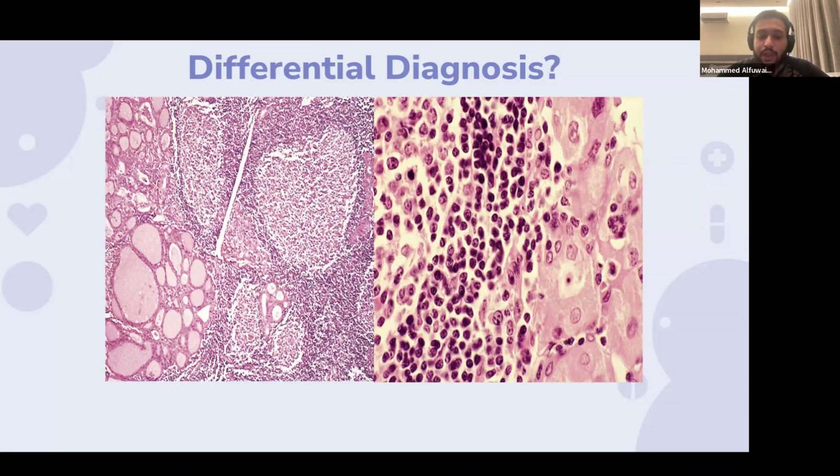So you'll have here germinal centers forming and follicles forming with a lot of inflammatory cells surrounding it. And then you have this cell that is very characteristic in Hashimoto thyroiditis, which is what? Hürthle cell. This cell is very high yield, guys. Very, very high yield. Please know this for your exam. Okay?